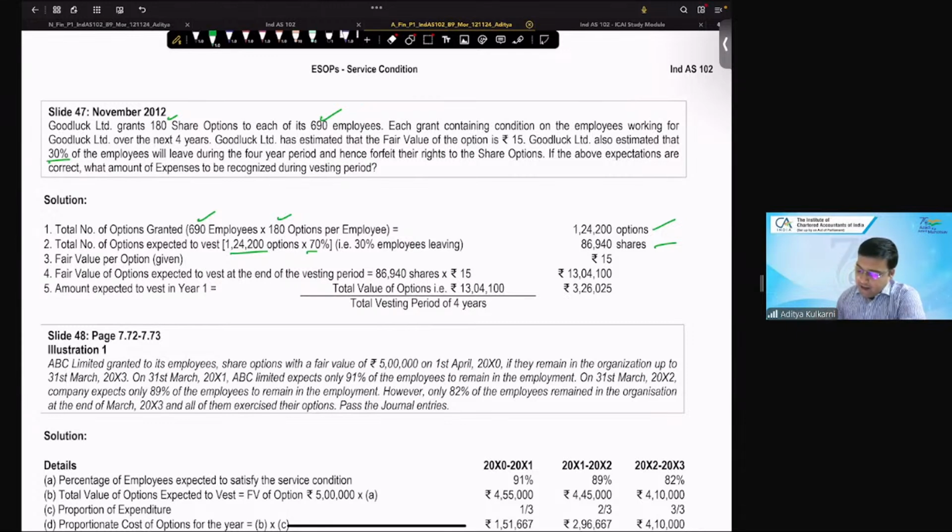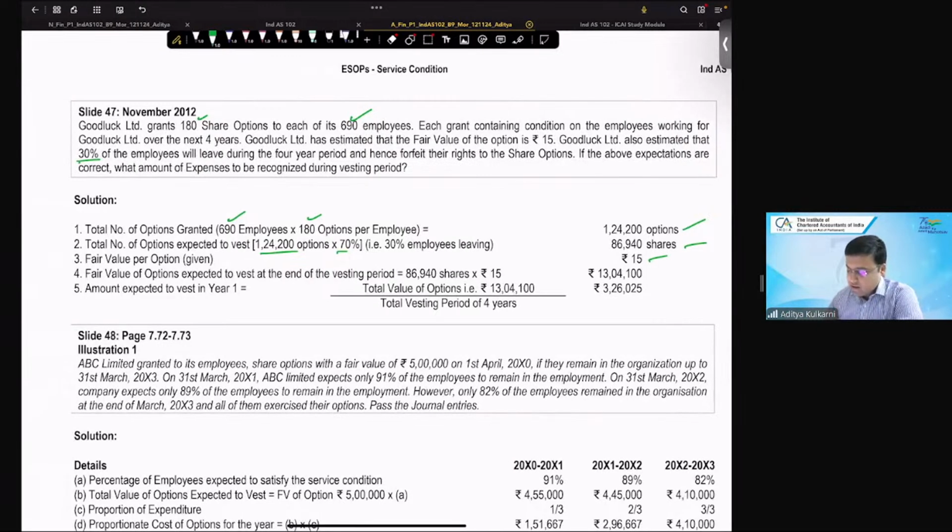Fair value per option is 15, and therefore the total fair value of the options is 13,04,100. Are we okay with this? And since it is for 4 years, I will be dividing it by the vesting period of 4. So each year we are expecting 3,26,025 to vest.